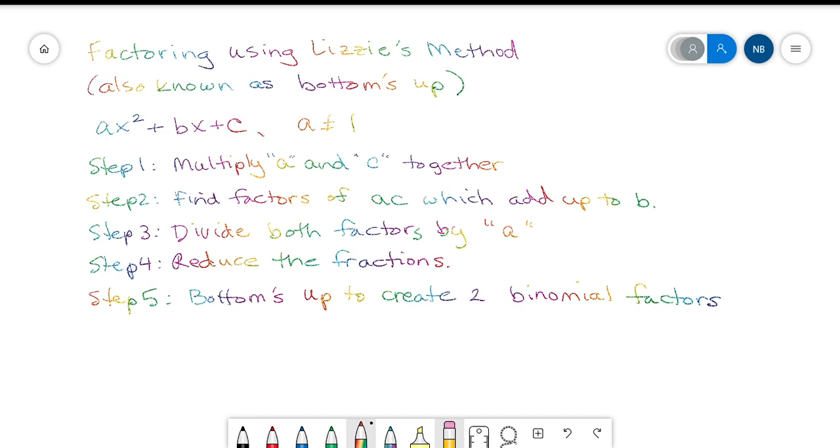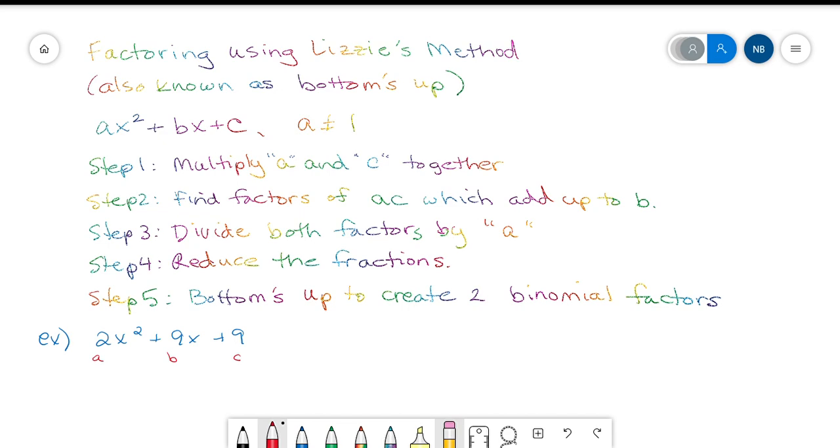Okay. Our first example will be the quadratic 2x squared plus 9x plus 9. Recall that a, b, and c are the leading coefficient, the middle coefficient, and the constant term, respectively.